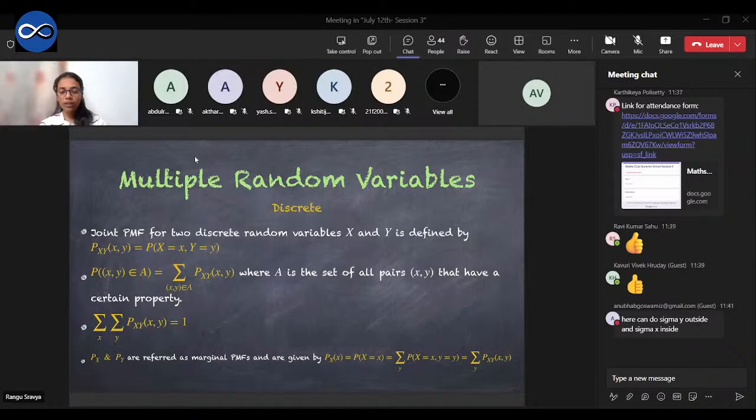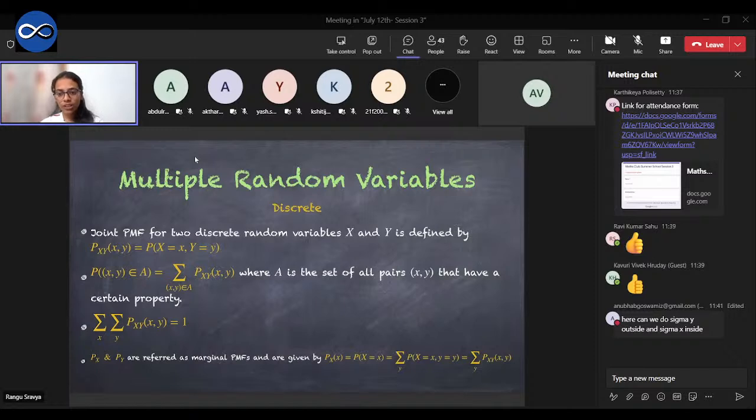Let's see how. If we want to find p_X, that means we want to find P(X = x). Now, P(X = x) is an event. To find the probability of any event, we need to consider all the pairs (x, y) which satisfy it. So we add probabilities using the joint PMF, considering pairs (x, y) such that X equals x and Y can be any value in the range.